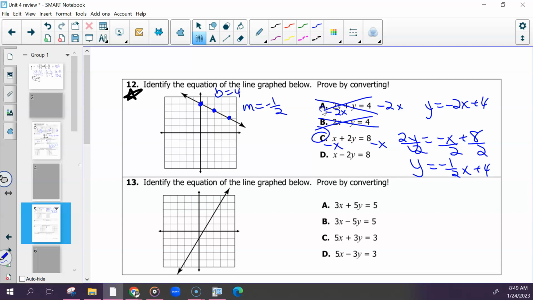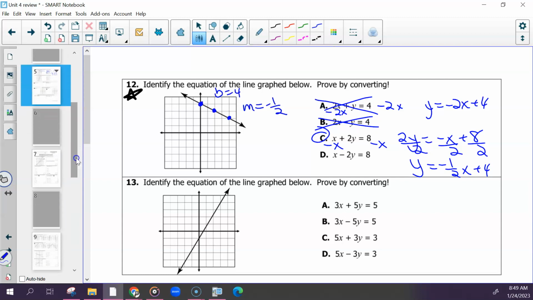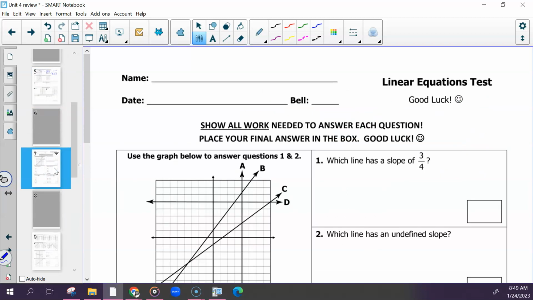If not, go on to the next page. Questions on 1 or 2? Three or 4?